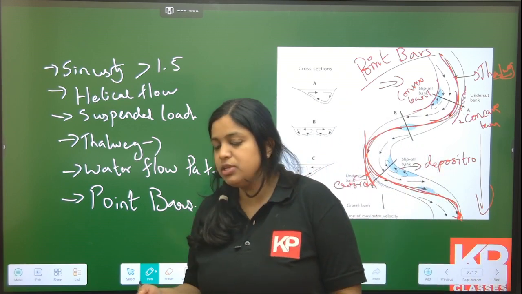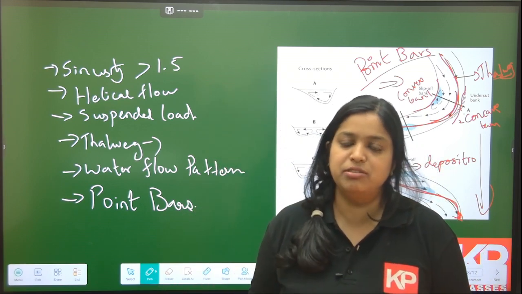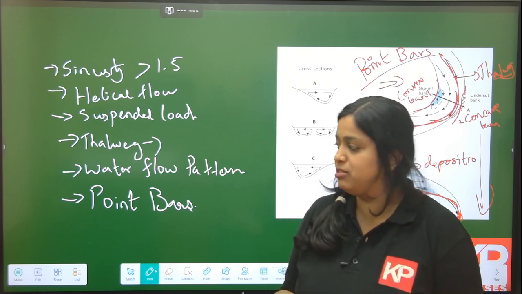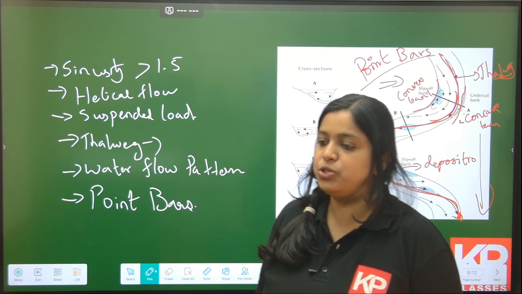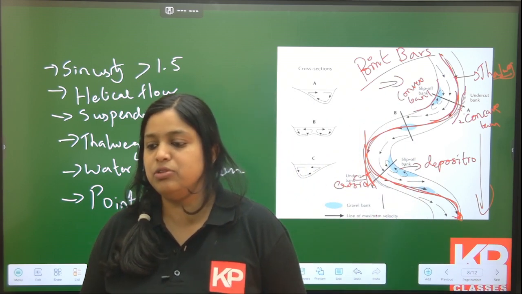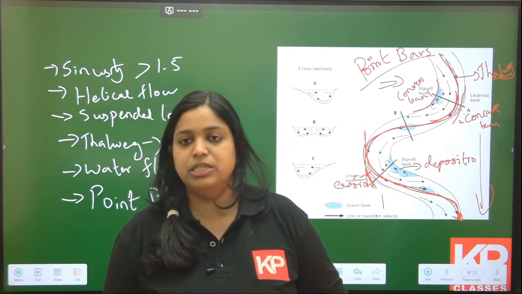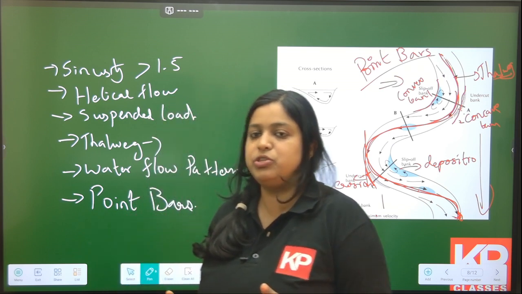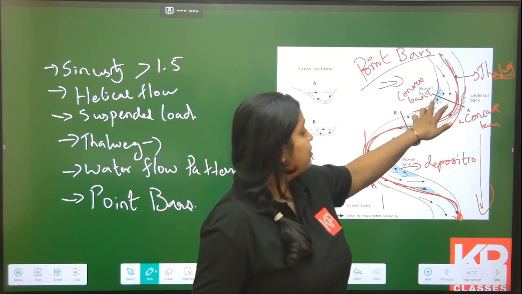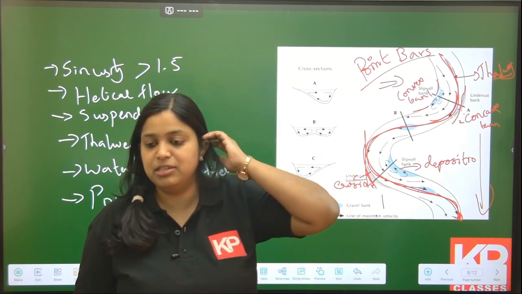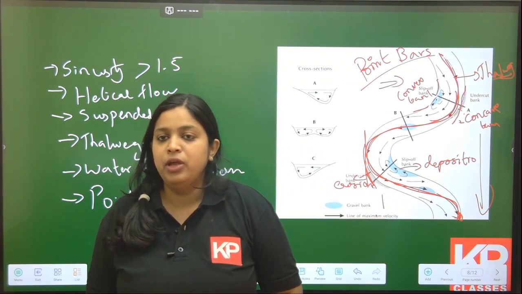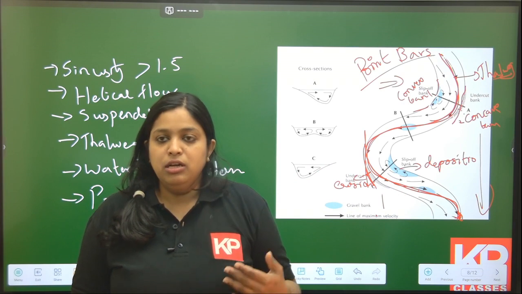In a braided channel, the depositions are simply called bars or channel bars, whereas here we call it a point bar. Point bars are usually channel boundary deposits. We get them in the channel margin because this deposition happens along the convex margin. So those are the point bars that are depositing on the convex margin.